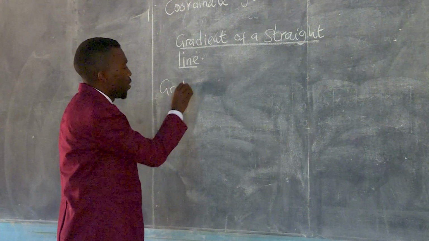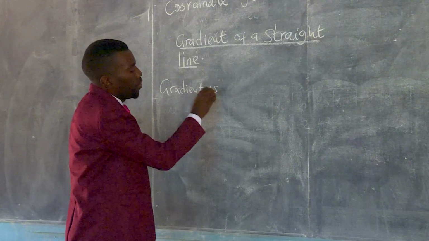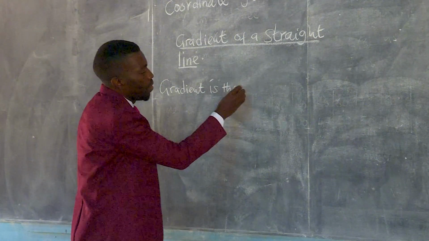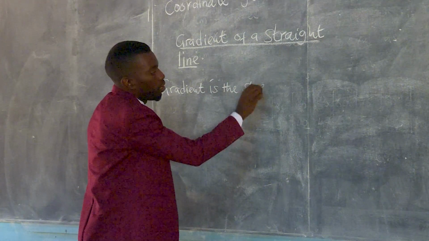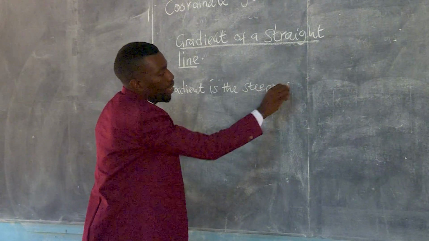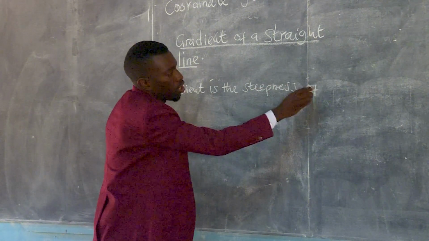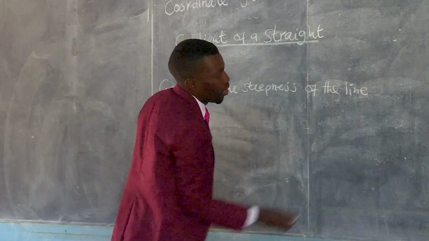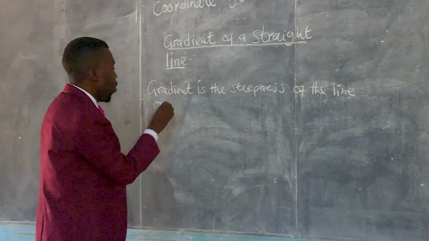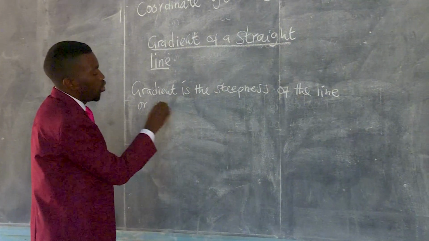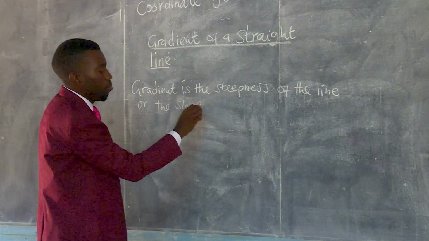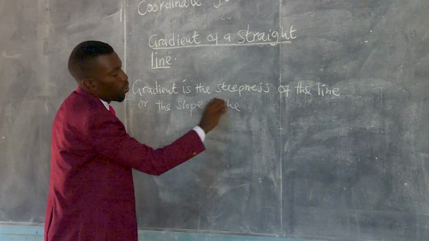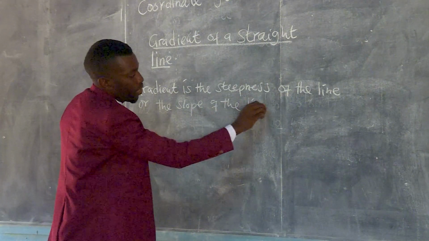Gradient is the steepness of the line, or the slope of the line.